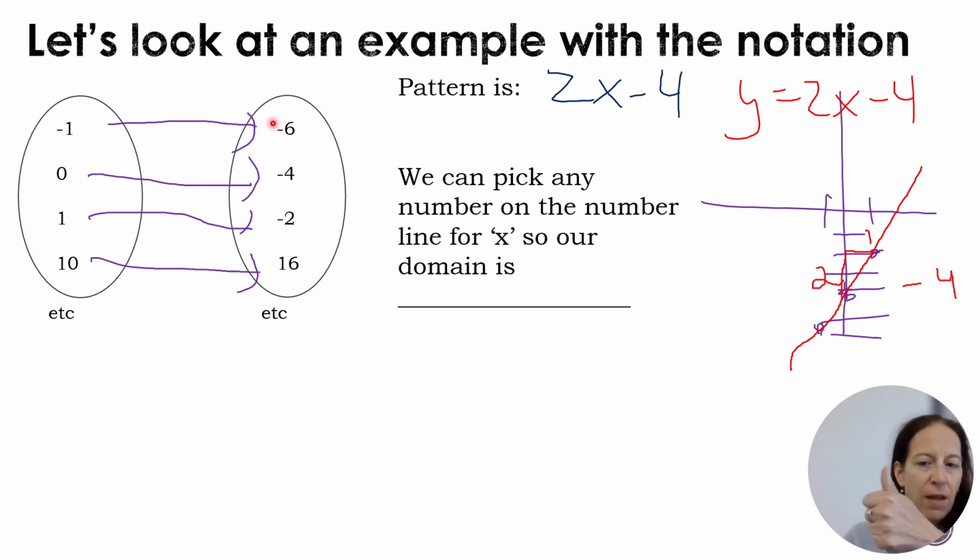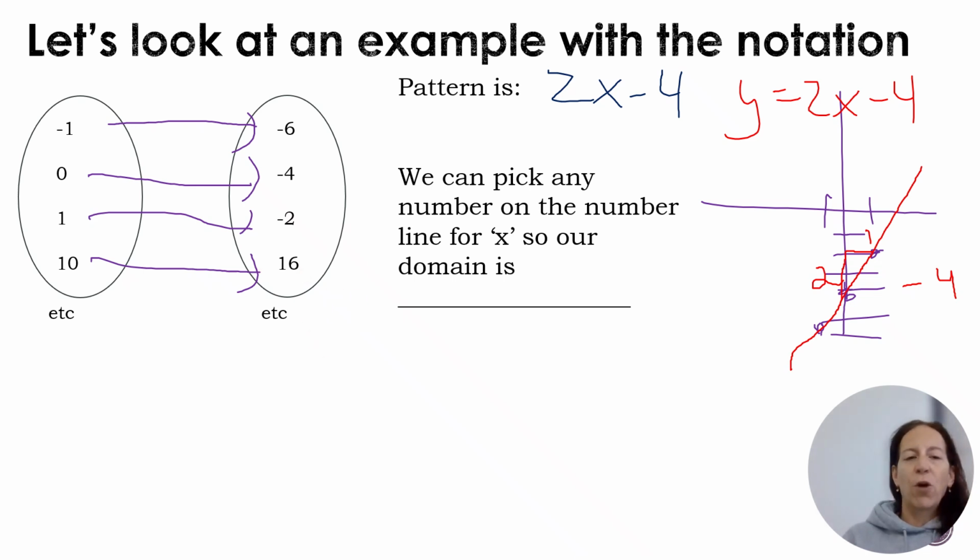Oh, the camera's backwards. 2 times 0 is 0, and 0 minus 4 is -4. 1 times 2 is 2, and 2 minus 4 is -2, and 10 times 2 is 20. 20 minus 4 is 16.